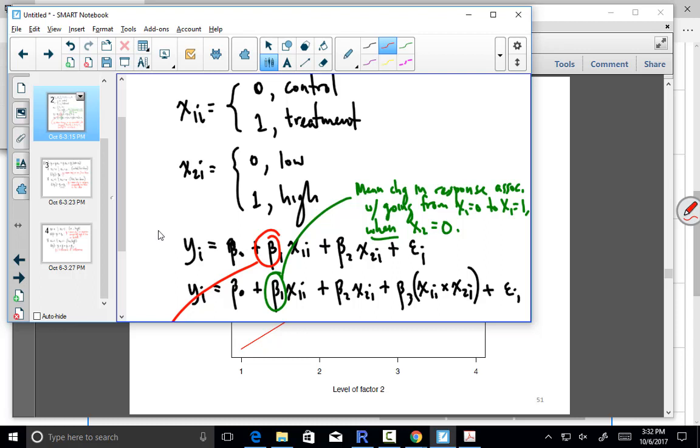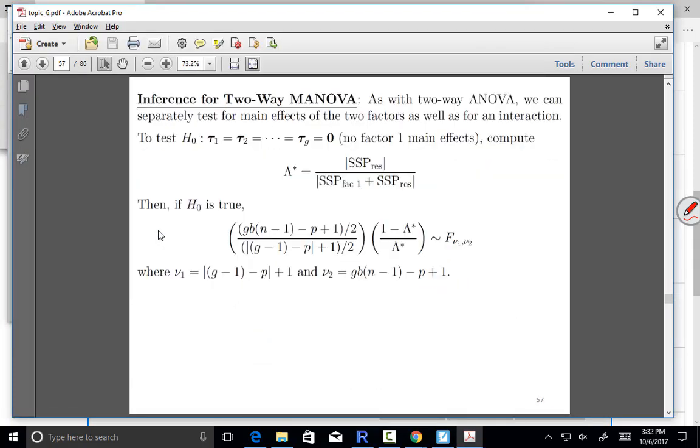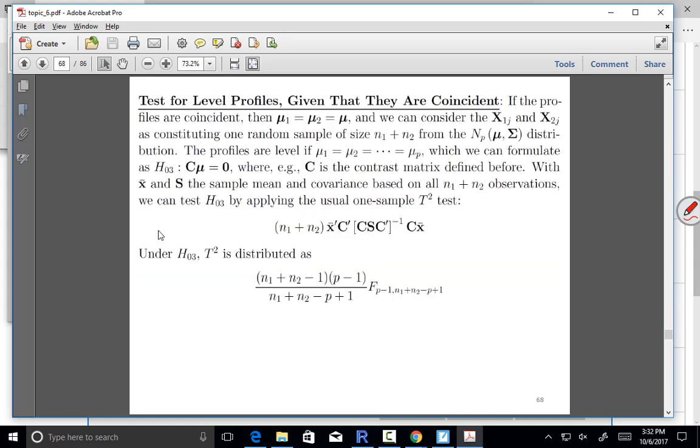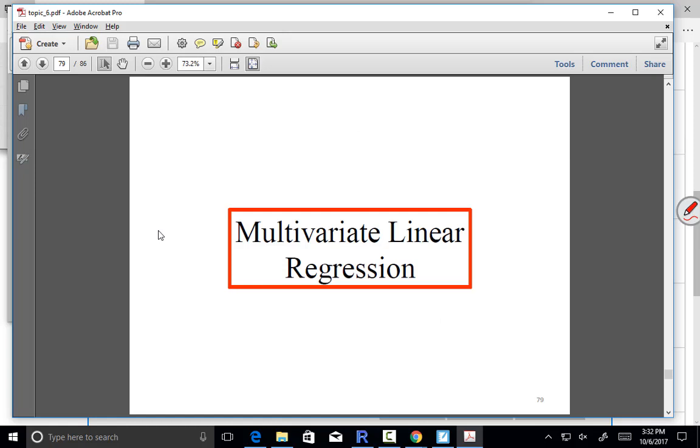In your topic 6 notes, at the very end is some discussion of regression. So classically, multivariate statistics, in your book as well, in your textbook, there's a chapter or two on MANOVA, and there's a chapter on what they call multivariate linear regression.